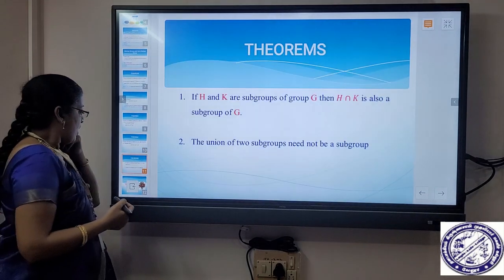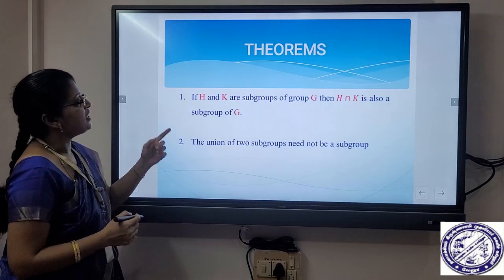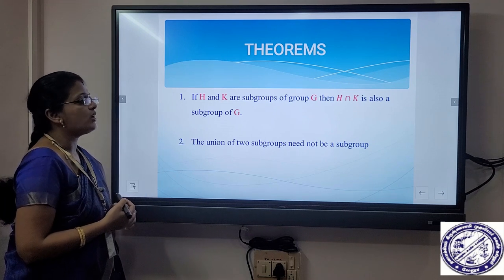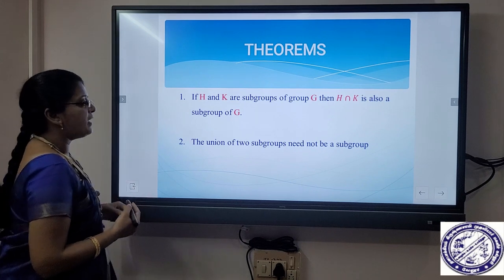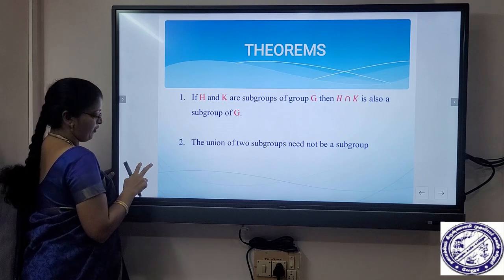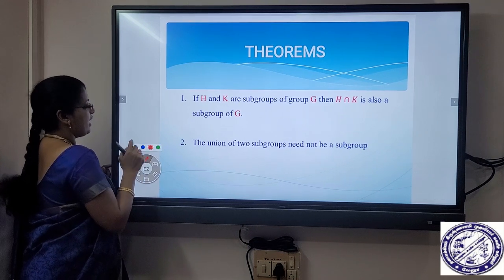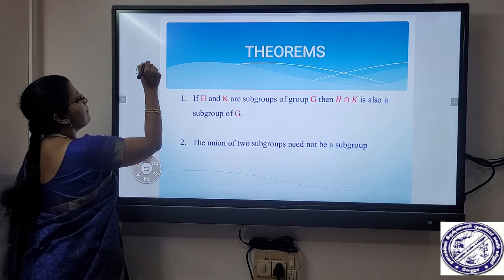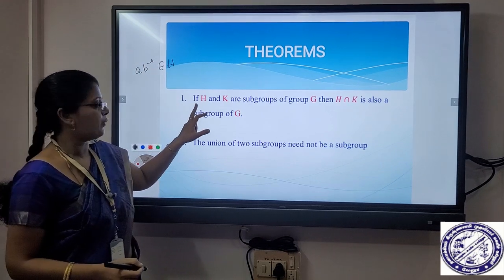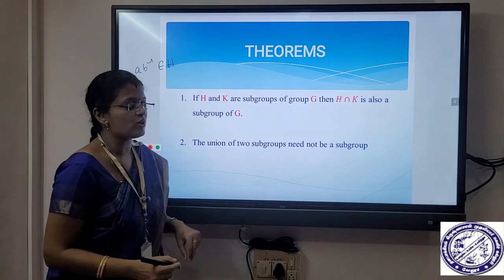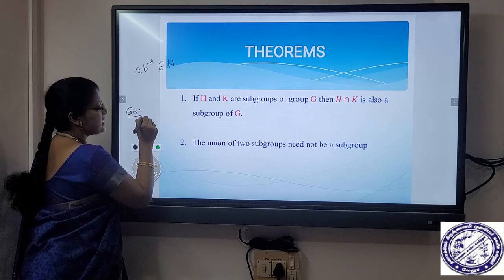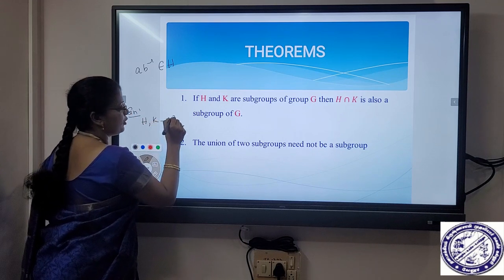Next theorem: if H and K are subgroups of G, then H intersection K is also a subgroup of G. In the previous theorem we have shown that to prove it is a subgroup, it is enough if we prove that a, b inverse belongs to H. Here they have given that H and K are subgroups of G. So the given condition is H and K are subgroups.